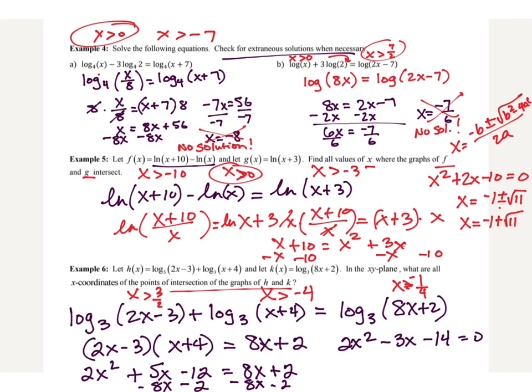Yeah. So factors of negative 28 that make negative 3, I feel like there's a 7. 4 and negative 7, so 2x squared plus 4x minus 7x minus 14. No, it'd be minus 7x. Right? No, it'd be plus 4x minus 7x.